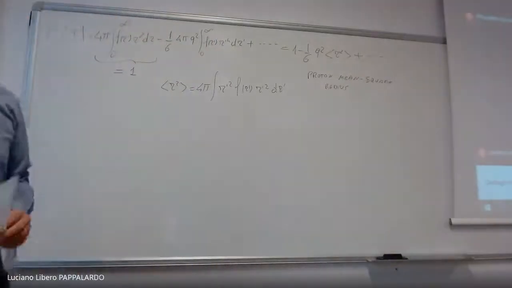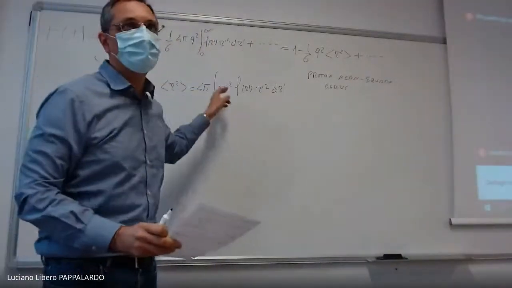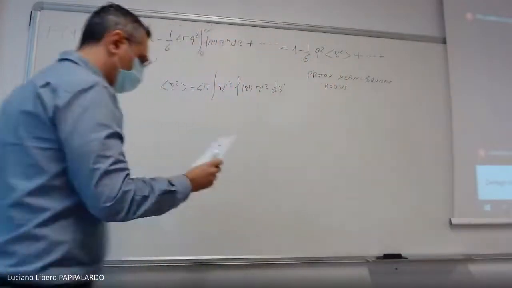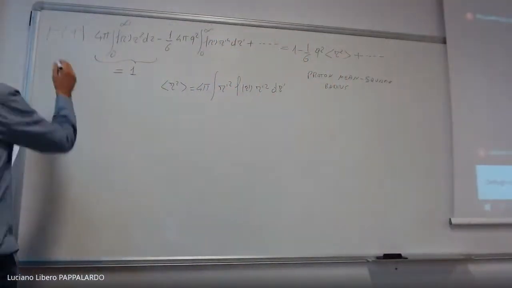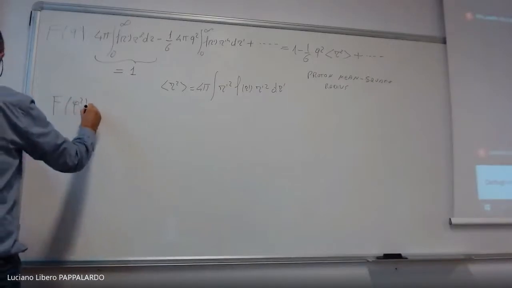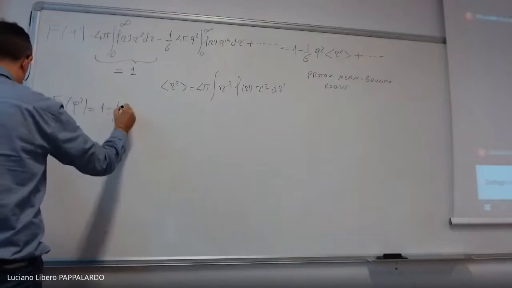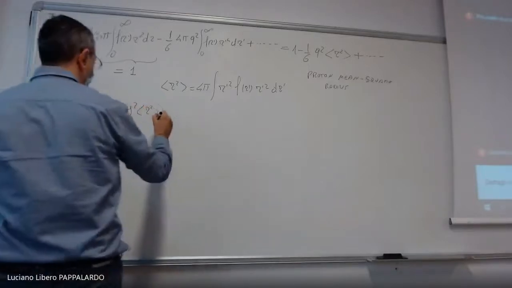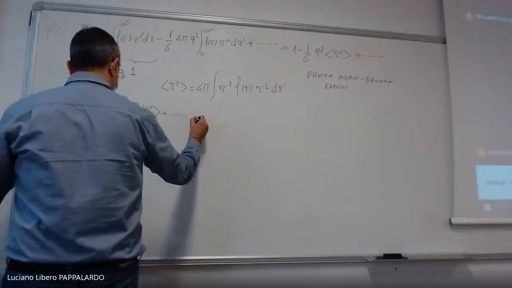Okay. So now we can invert this object to obtain the proton mean square radius. So from f of q squared equal to 1 minus 1/6 q squared times the mean square radius plus and so on, one can invert.